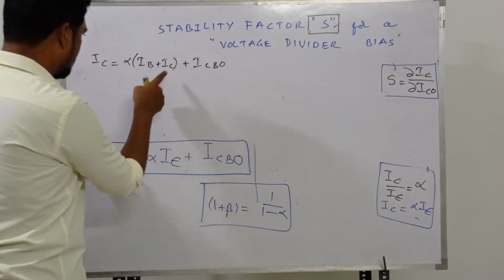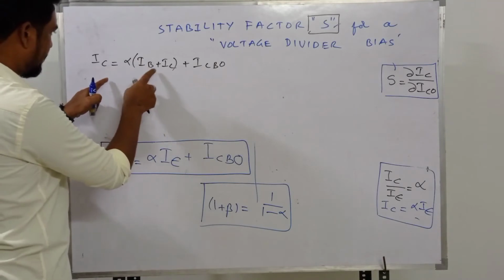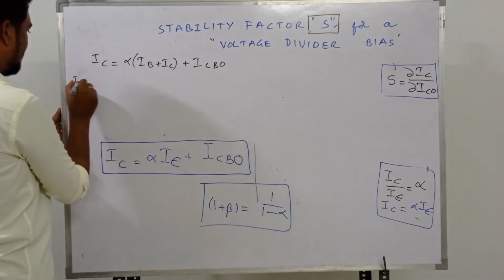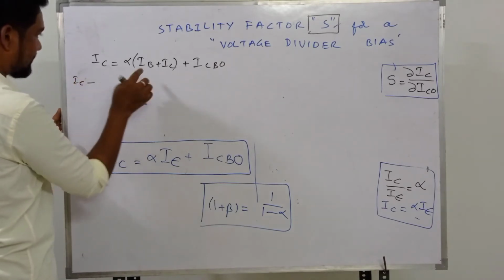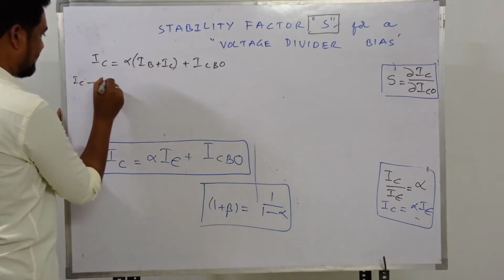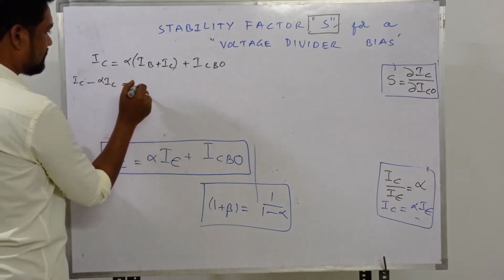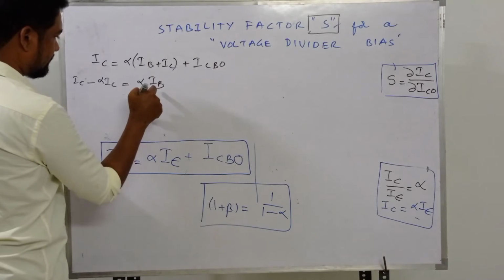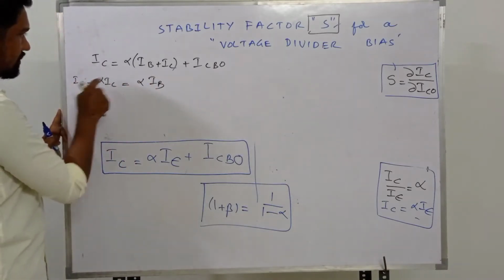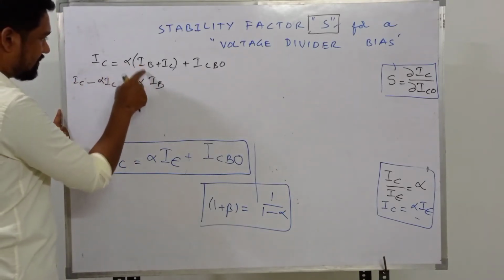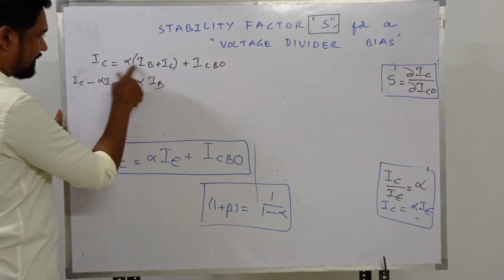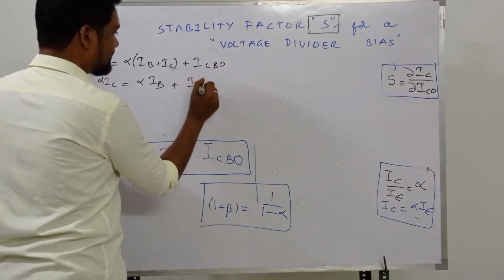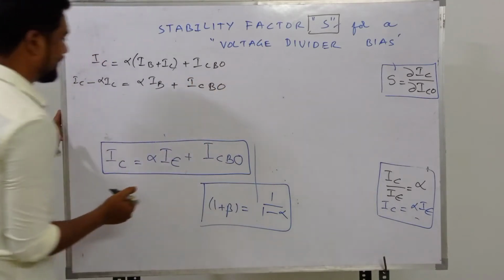So separating over here and shifting IC to this side, we have IC minus alpha IC, which is equal to alpha IB plus alpha IC, I have shifted to LHS, plus ICBO as it is.